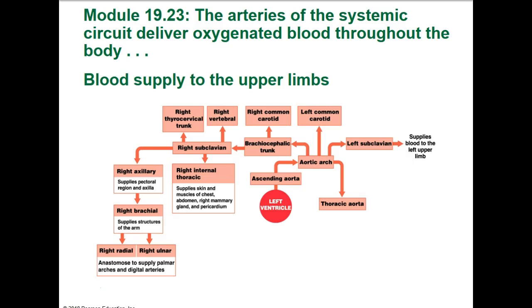Okay, this is a good chart to look at for where certain parts of your body are supplied with blood. And it also gives you a route. So if you're someone that's a little bit more visual, this might be a good one for you to look at as opposed to simply reading the text.